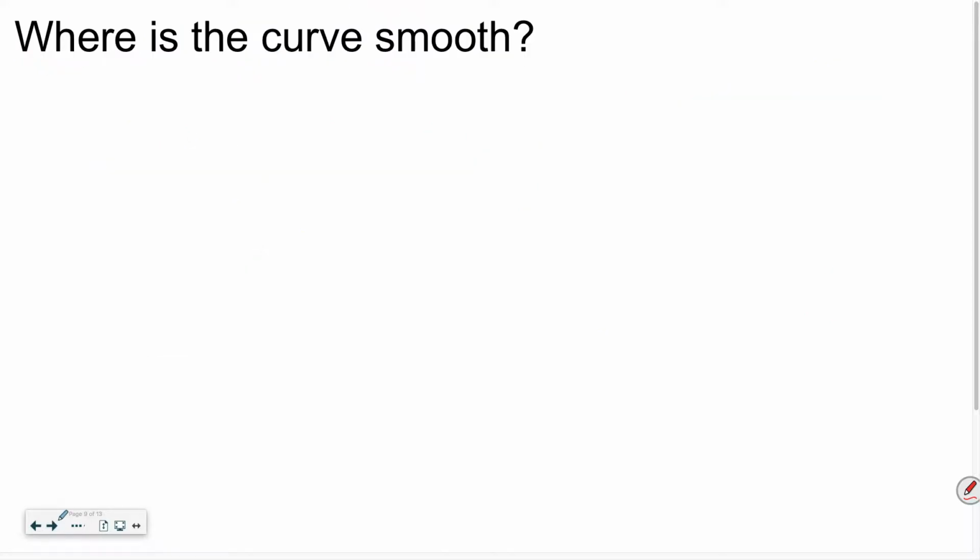Okay, let's go back to our concept of smooth. Some of you have been bringing that up. Let's talk way back to parametric equations. What was our rationale to figuring out if we had a smooth curve?